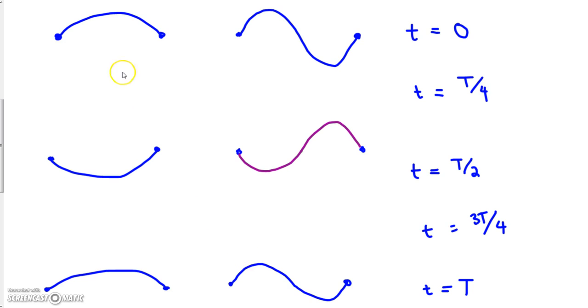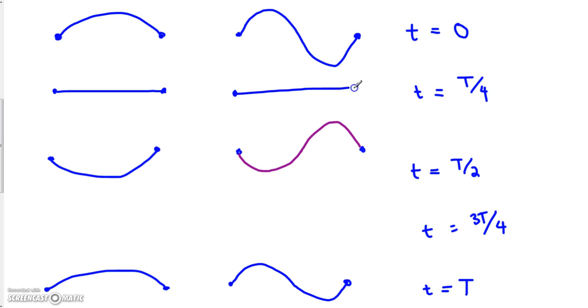Halfway in. Okay, how about a quarter of a way in? Well, we're going from this position down to this position. So from here to here, you have to pass through the center line when there is no displacement at all. So the shape looks like this, a quarter of the way in. And likewise, this crest is passing through the center position, and this trough is passing through the center position.